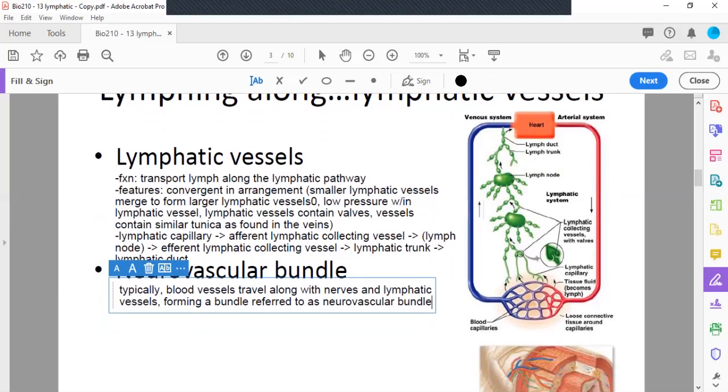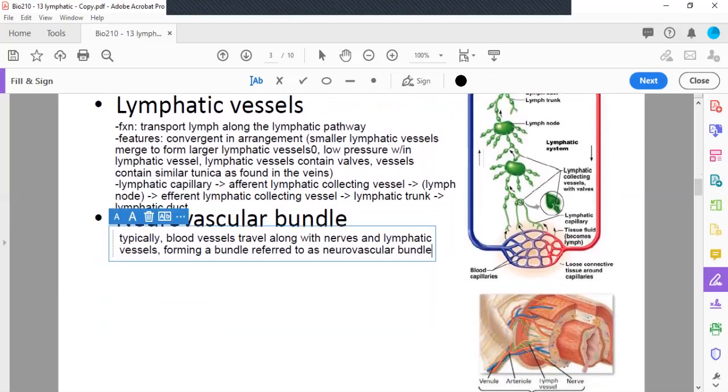When you look at the image on the right side, you can see that they travel together as one bundle, and it's what's called a neurovascular bundle. The green one is the lymphatic vessel. The yellow one is the nerve, and the blue and the red are blood vessels. So we said blood vessels travel with the nerves and the lymphatic vessels, forming a bundle referred to as neurovascular bundles.